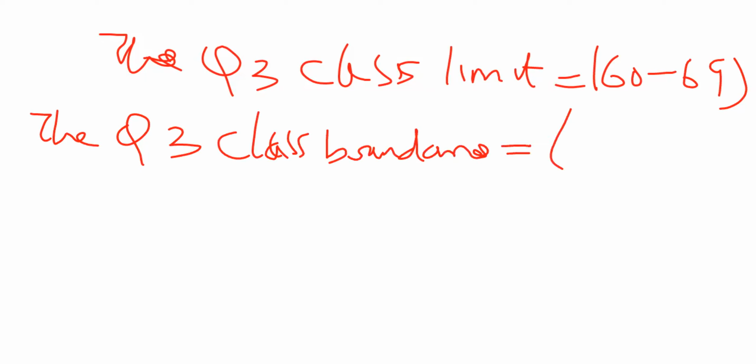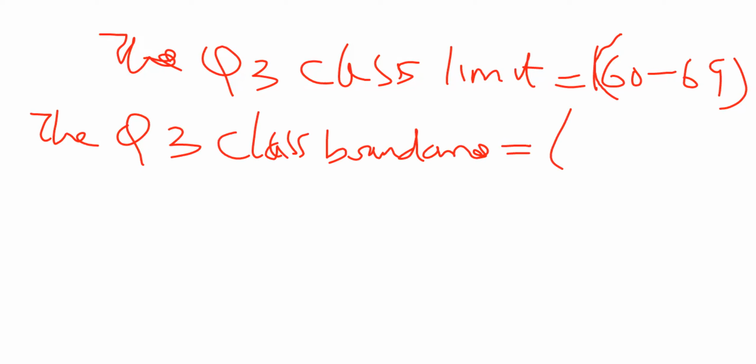For you to change from class limit to class boundary, because this is a whole number, you subtract 0.5 from the lower class limit and add 0.5 to the upper class limit.